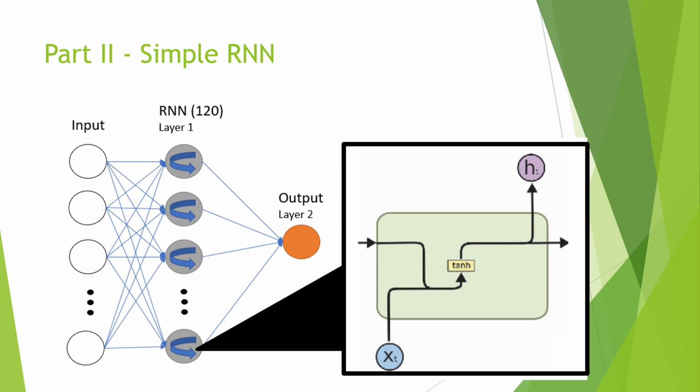Starting from the left, you have the hidden state from the previous iteration, and coming in from the bottom, you have the current input. Those two things are combined and processed through a hyperbolic tangent function, which produces the current hidden state and the output, which is often the same as the current hidden state.